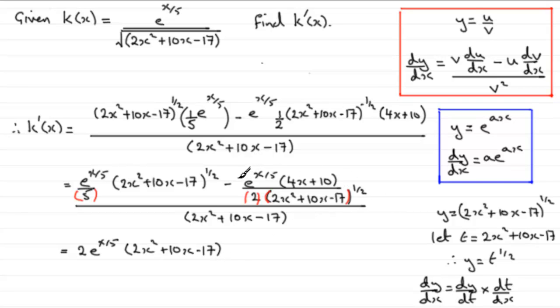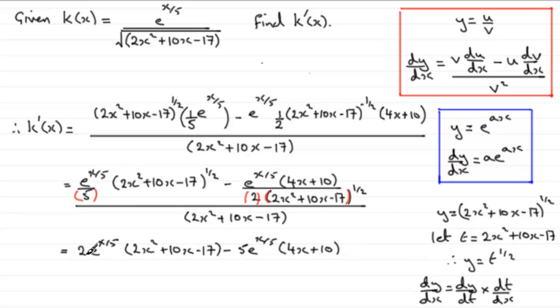So when I multiply by 10, the 2 will cancel into 10 and give me a 5, so I'll get 5 e to the power x over 5. I'm also multiplying by 2x squared plus 10x minus 17 to the power half, so this will get cancelled and just leave me with the 4x plus 10.